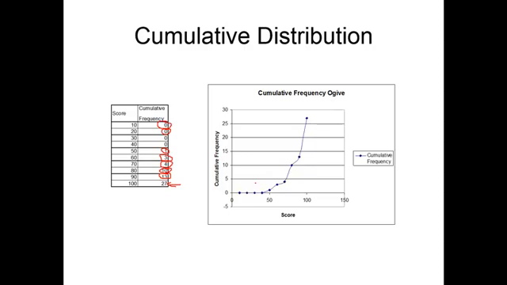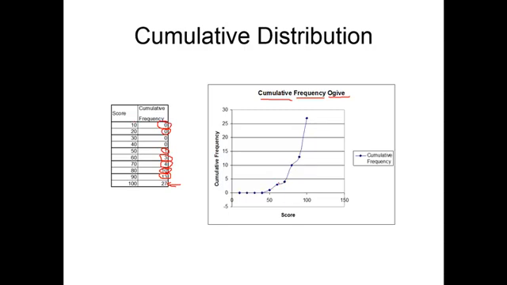Okay. And so this, we mark this on what's called a cumulative frequency ogive. Okay. Pronounce that like you're French. And we mark it with x and y coordinates, the y being the cumulative frequency, and the x being these cut points.